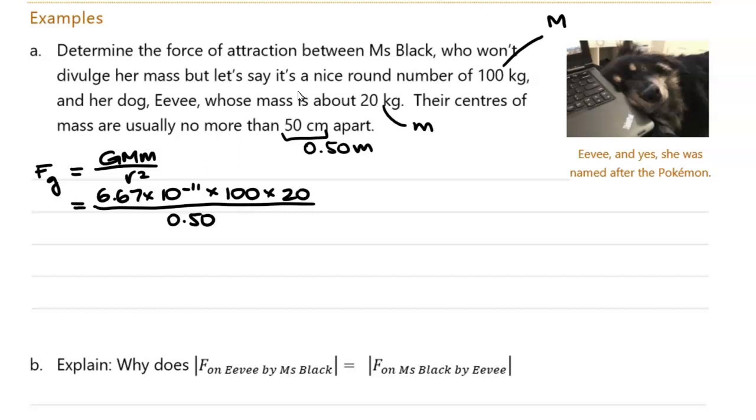Critical reminder. Remember, we're squaring it. So really, we've got quite a few things we can mess up with that radius: the units, not looking at centers of mass, and forgetting to square things. Okay, let's calculate.